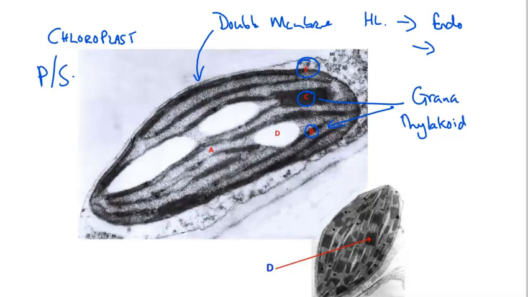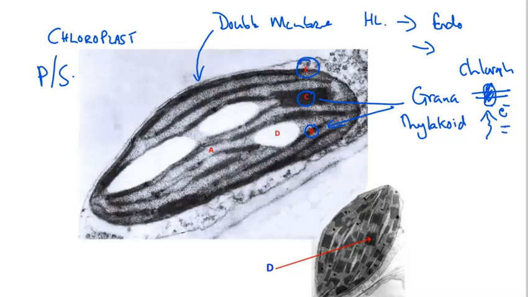And these membranes have protein pigments embedded in them, which are chlorophyll, which of course absorb light energy, turning light energy into chemical energy in the form of electrons.